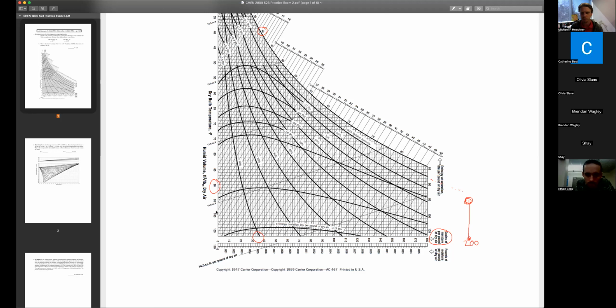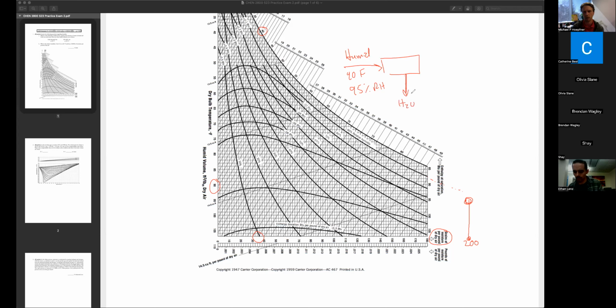Yeah, I guess I'm just confused because the 5.83 times 10 to the fifth grains of water per minute is different than the chart unit-wise, right? Yeah, so what we're looking at here is a humid airstream coming in, at 90 F and 95% relative humidity. We're going to have our dehumidifier, and then we're going to be removing some water, and then leaving at 40 degrees and saturated.